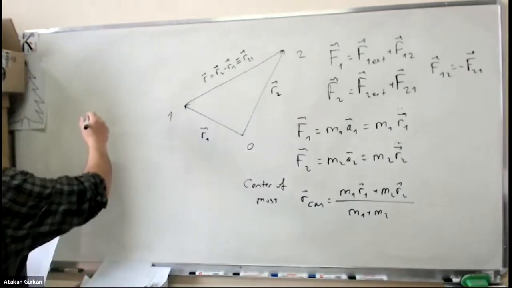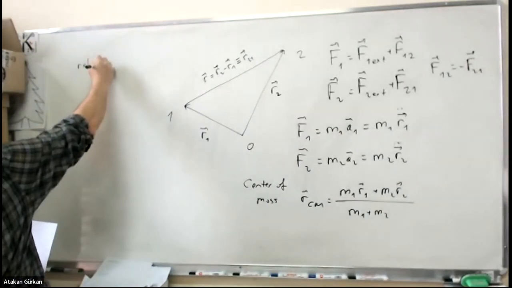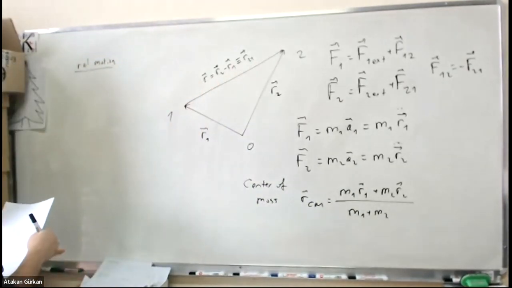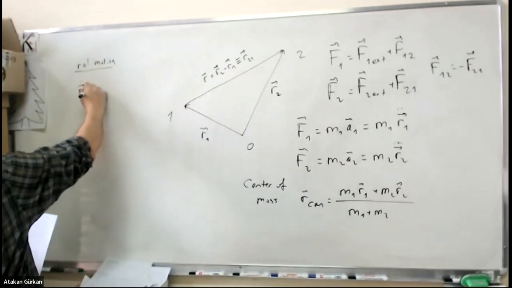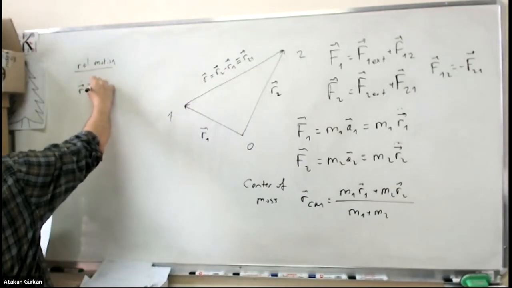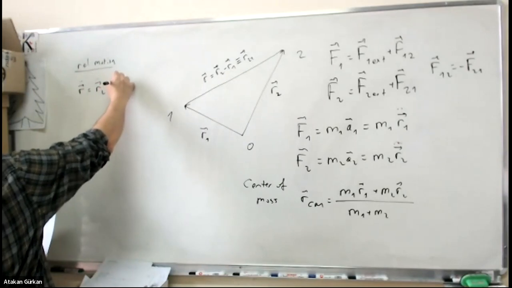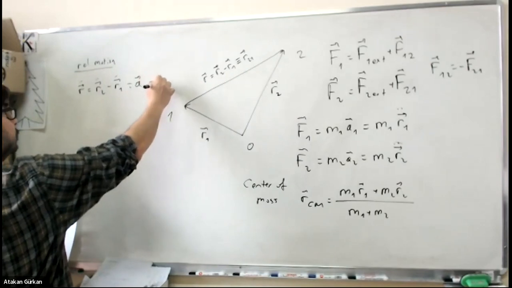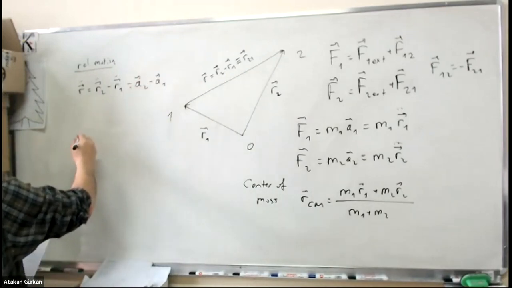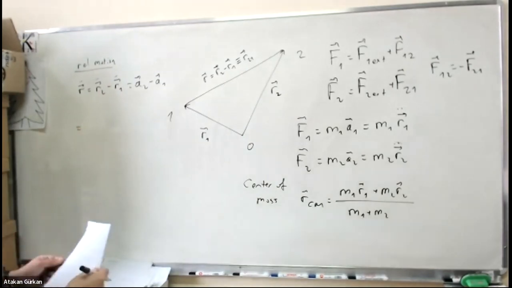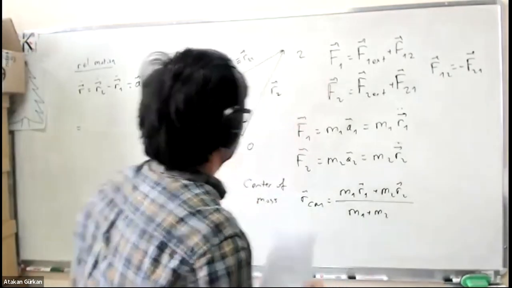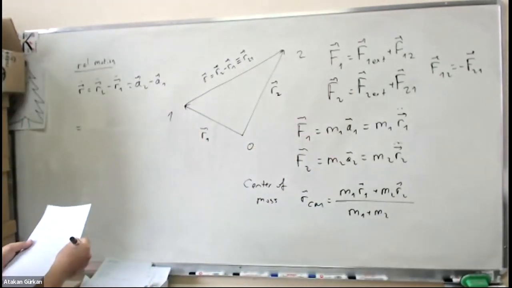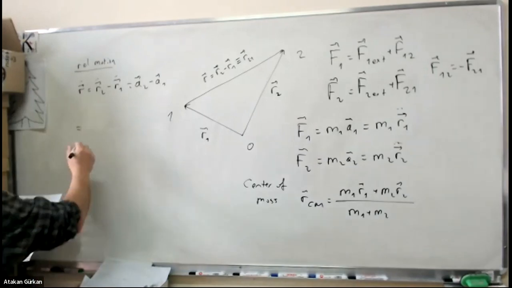Okay, so let's look at the relative motion. That's the motion of the second body with respect to the first one. So r double dot is going to be R2 double dot minus R1 double dot, and this is, as I defined over there, A2 minus A1. And I'm going to write this using these expressions, moving the masses to the denominator and rearranging algebraically.